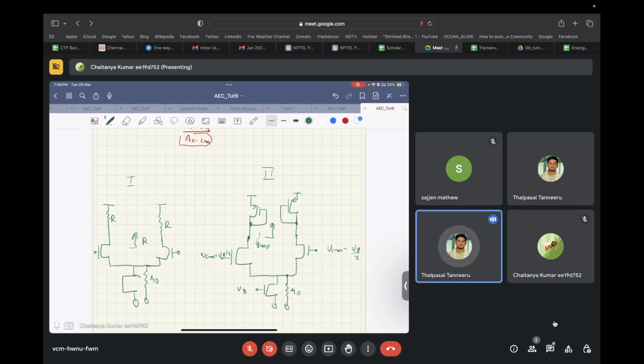Sir, it should be large also. Why should it be large? Because of transconductance into output impedance, sir. Correct. If output impedance is more, we get more gain here. So to get more gain, you want larger output impedance or load, correct?